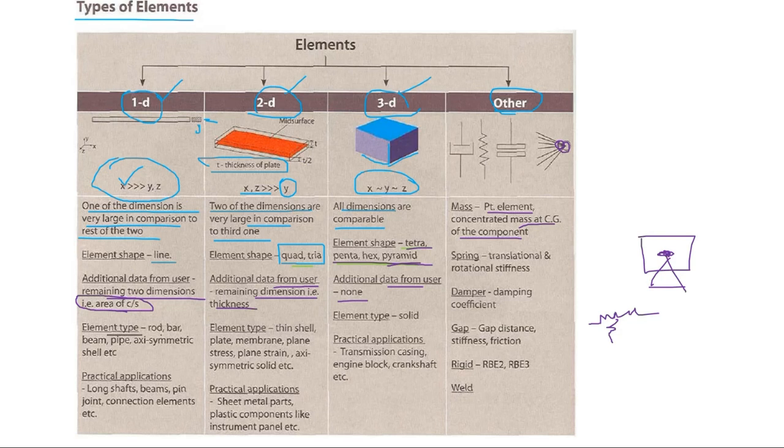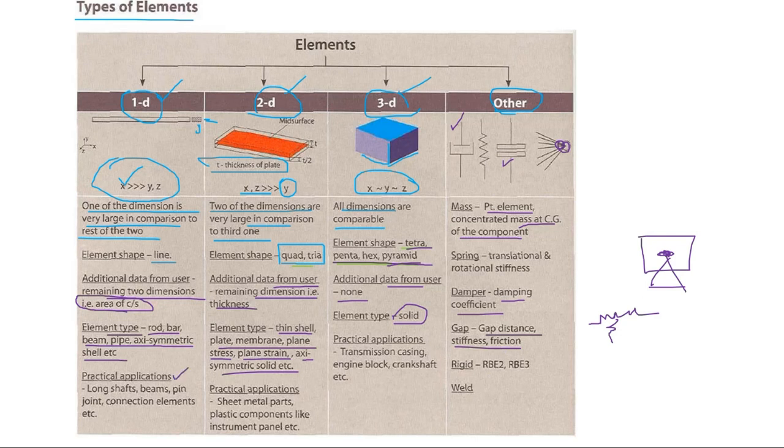Here the element types are rod, bar, beam, pipe, axisymmetric, etc. Here the element types are thin shell, plate, membrane, plane stress, plane strain, axisymmetric solid. And here 3D is a solid element. If you see the damper also, we define it with the damping coefficient. In dynamic analysis, as we have seen, gap, distance, friction, all these things we can define as special elements.